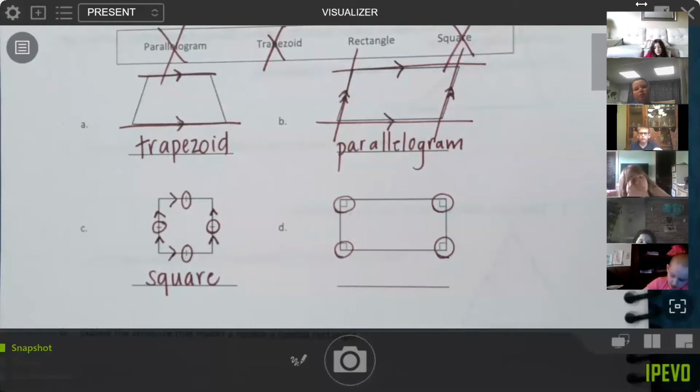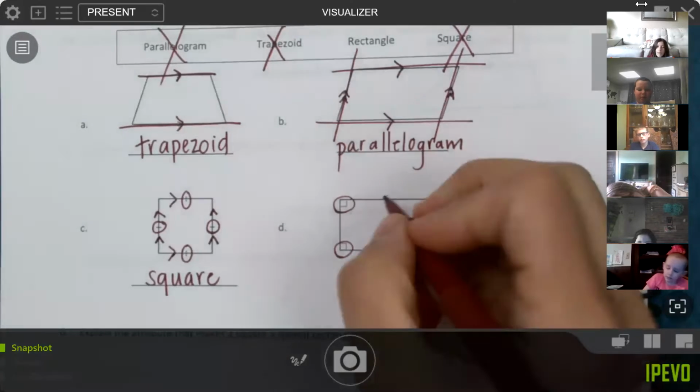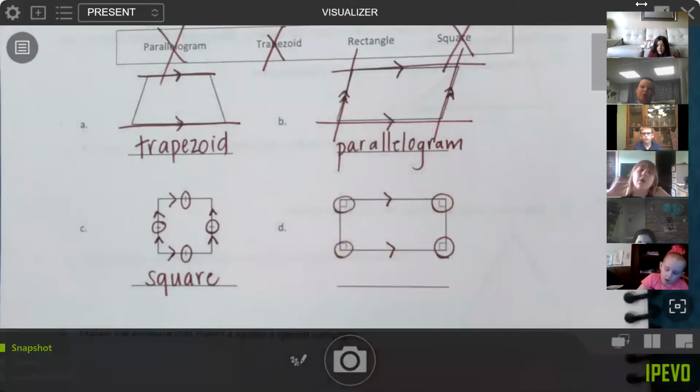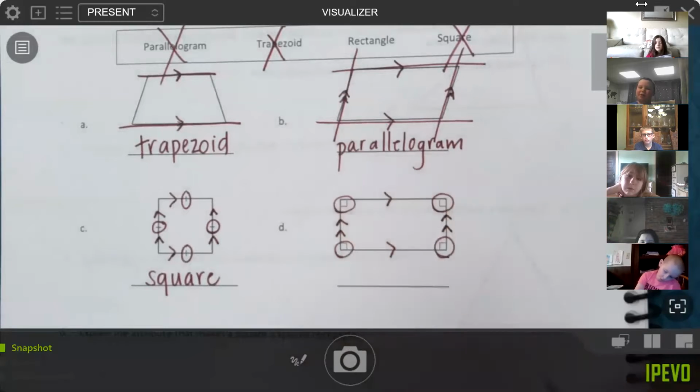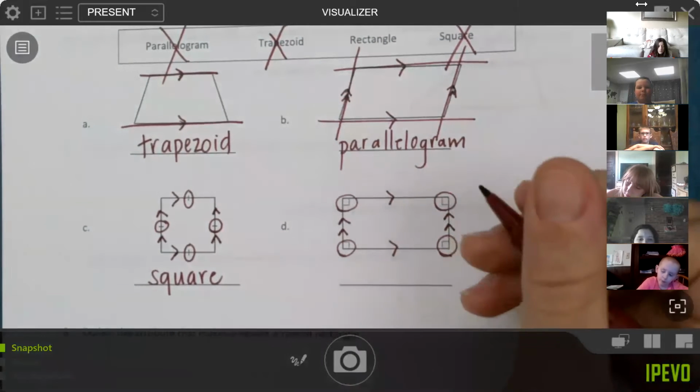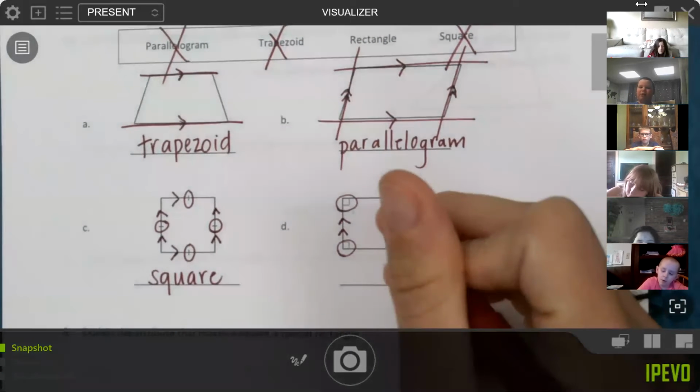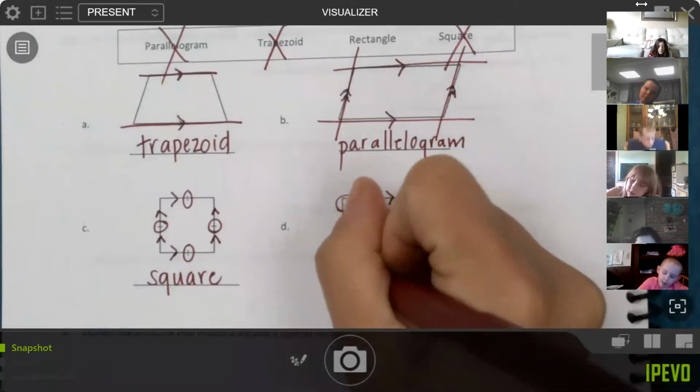Because each side is parallel. So we have 2 pair of parallel sides. So this side and this side are parallel. And this side? Yeah, but it doesn't follow the rules of a square. Correct, because it doesn't have what? The same size for each line. Very good. So what would this letter D be classified as? Not a square. A rectangle. Very good. Rectangle.